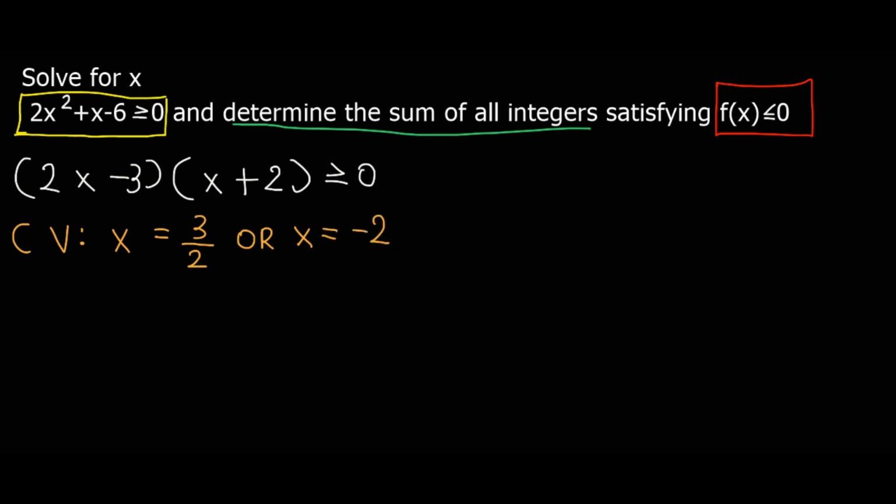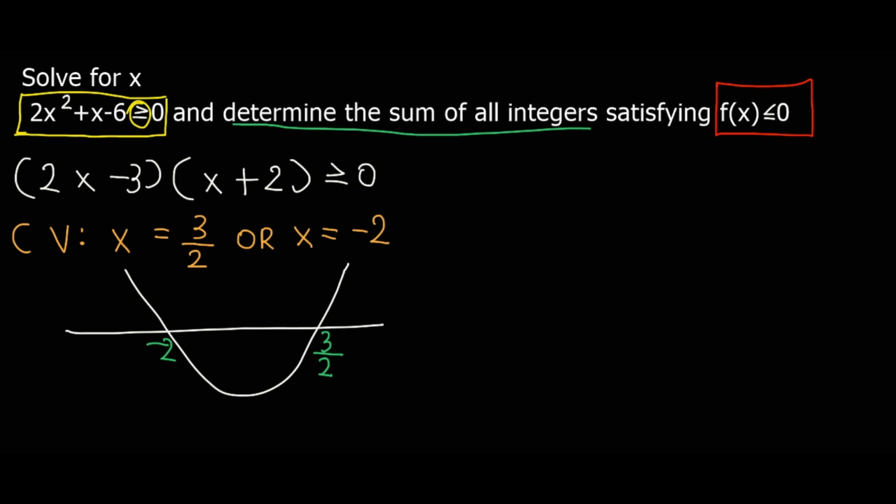And then from there we look at the coefficient of x squared. The coefficient of x squared is positive, so our graph will be something like this, and then this is -2, and then this is 3/2. And now our inequality says greater or equal to 0.